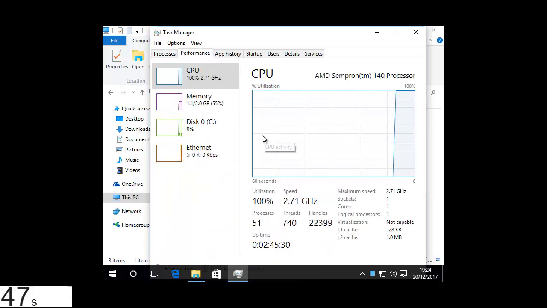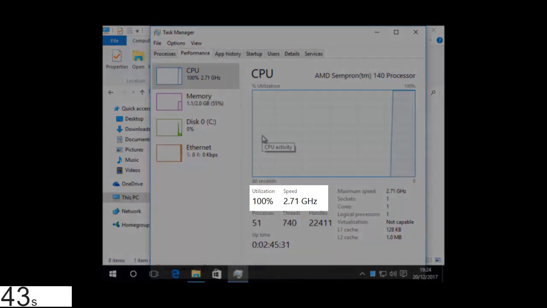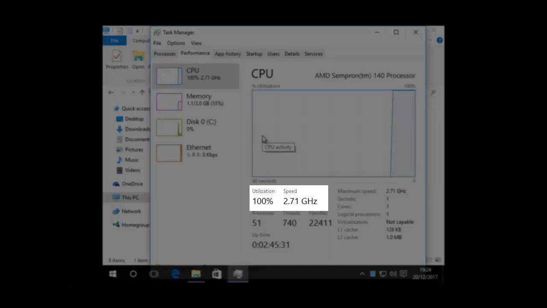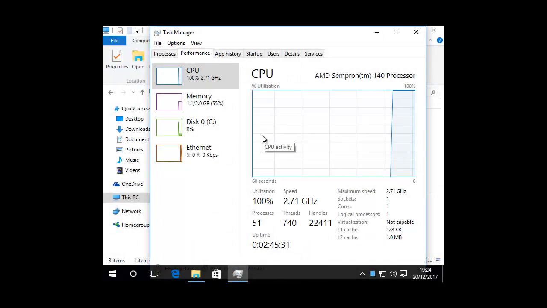Finding a 1 GHz processor is very rare these days, so we used the slowest one we could find. In this case it is a 2.71 GHz, so if the processor was 1 GHz, then the response time would be even slower than what we can see here.